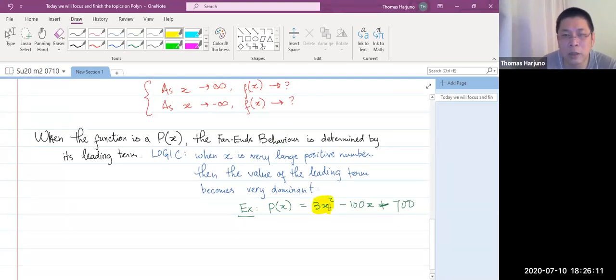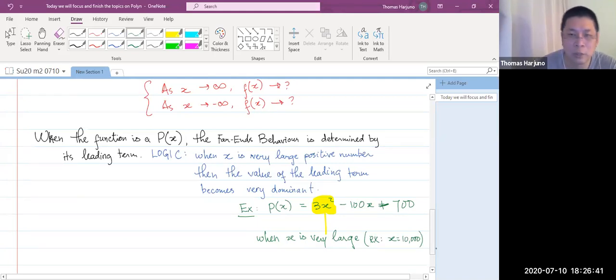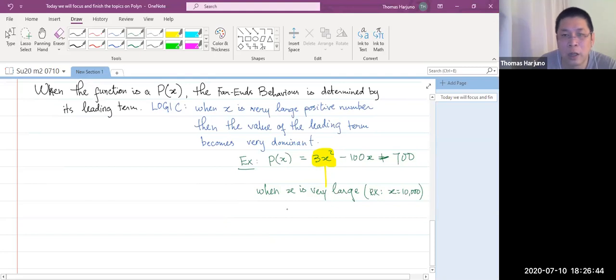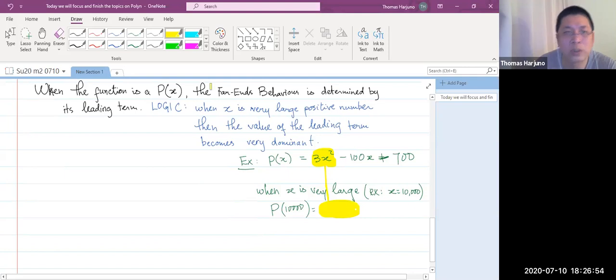But when x is very large, for example x equals 10,000, and of course x is supposed to be even larger than that because we go very, very far to the right, the value of the leading term becomes a lot more significant.